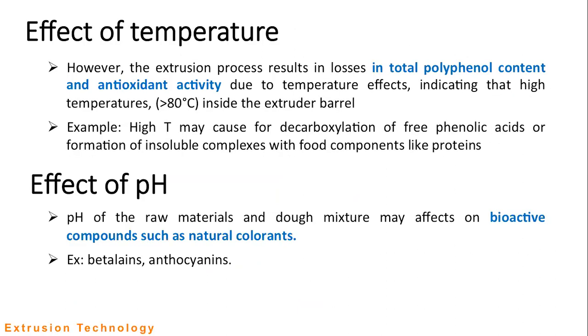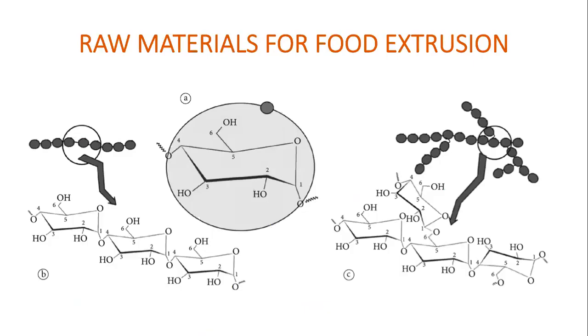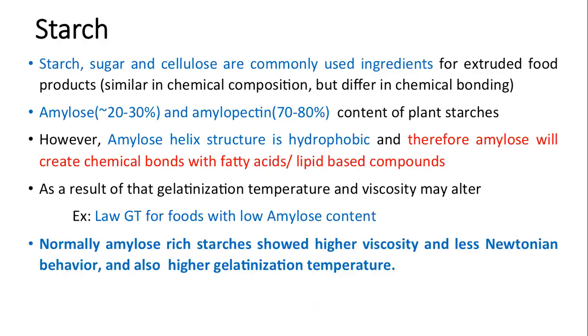Effect of temperature, pH, and everything we have discussed. So I suppose that you all can use the raw material. Before using raw materials, it is very important to study its maturity stage, its color, its variety, its flour and starch composition, moisture composition, fat level, everything.